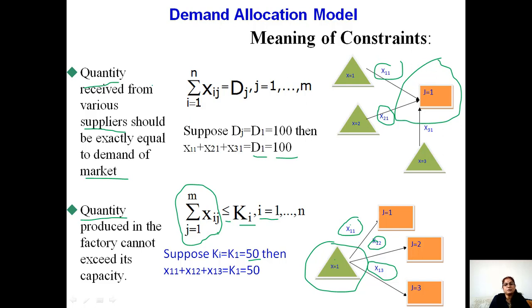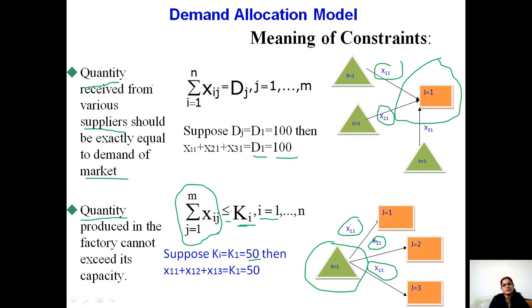All xij, in the sense if i is equal to 1, x11, x12, x13. When you add all of these, it should be less than or equal to the capacity of the first plant.